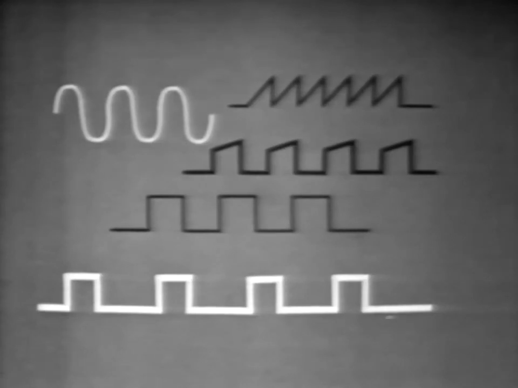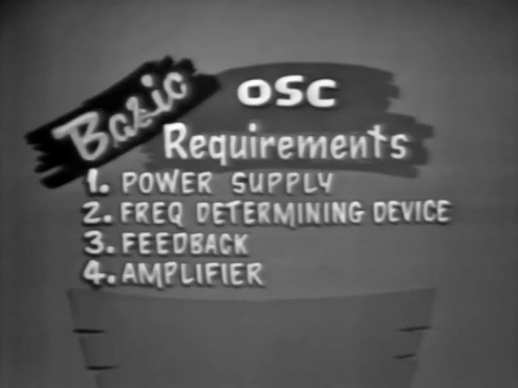All of them should generate constant amplitude and frequency. Now, here's a list of the basic requirements that also applies to all oscillators. First, of course, a DC power supply. It may be a simple battery or a very complex, carefully regulated circuit.